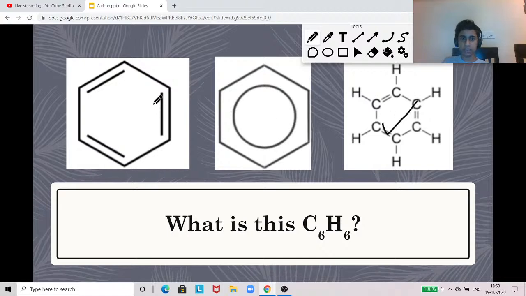Yes, this is benzene, this is benzene, and this is benzene. Why these two? We'll look at it a little later, but this is the bond line formula of this. This we'll not look at now. And this is an aromatic compound, which comes from the word aroma, just as the word suggests, and benzene is a very important compound. Benzene is a common name, but we use it even in IUPAC nomenclature, because the IUPAC name of this compound would be really large. So instead of using that, we just use benzene.